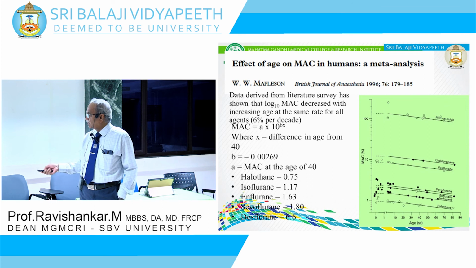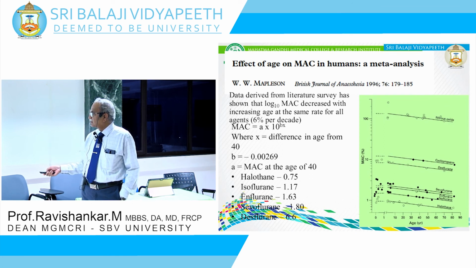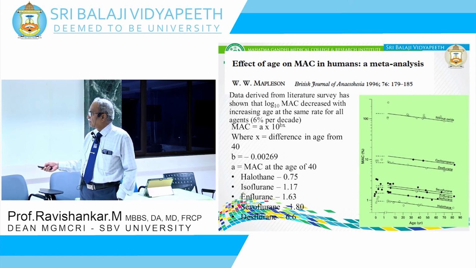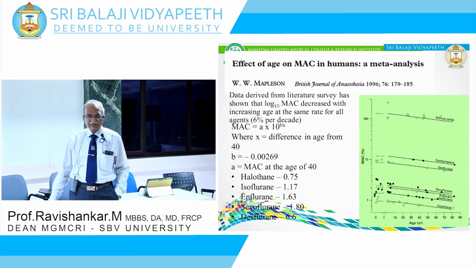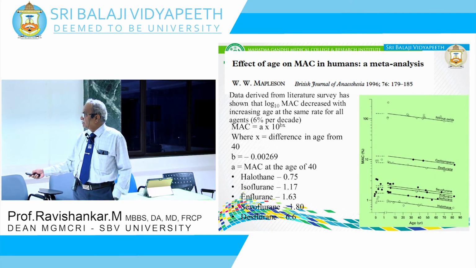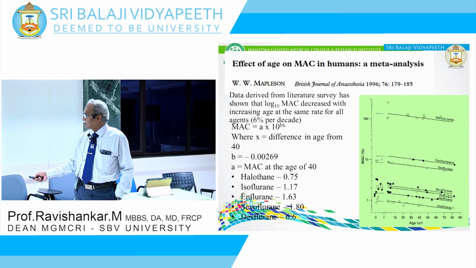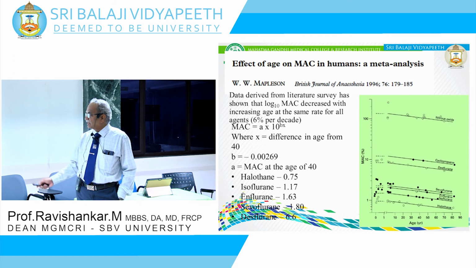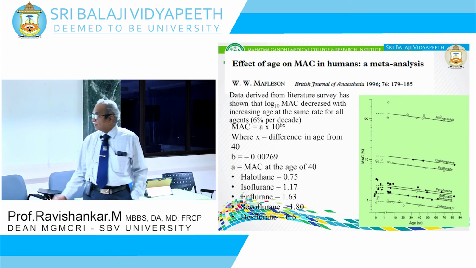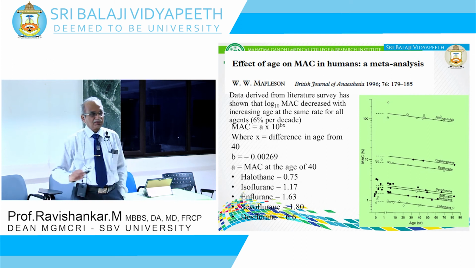The formula that they have given is MAC equals A, the MAC at the age of 40, multiplied by 10 to the power of B times X. The B value is 0.00269. X is the age of the person that you are trying to estimate. Okay, so that is the formula.